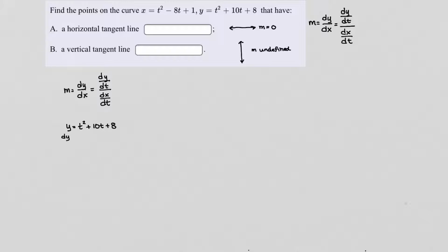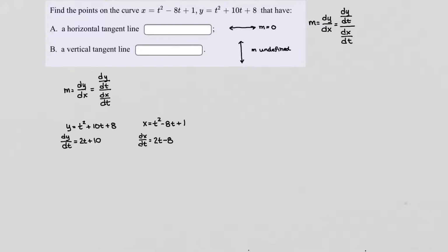Therefore, the derivative of y with respect to t, using our power rule and our sum rule, is 2t plus 10. The x function in our parametric curve is x equals t squared minus 8t plus 1. And the derivative of x with respect to t is simply 2t minus 8.